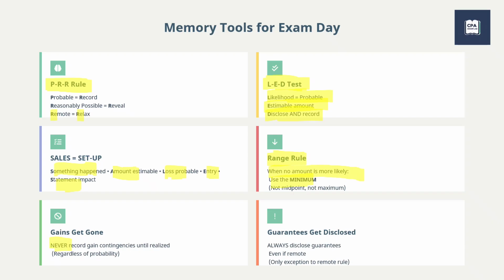For gain contingencies, we never record them until they're realized, regardless of the probability. Because of conservatism, the way to remember is gains get gone. And for guarantees, this one is an exception. If we have a guarantee, even if it's remote, despite the PRR rule, we always disclose it.